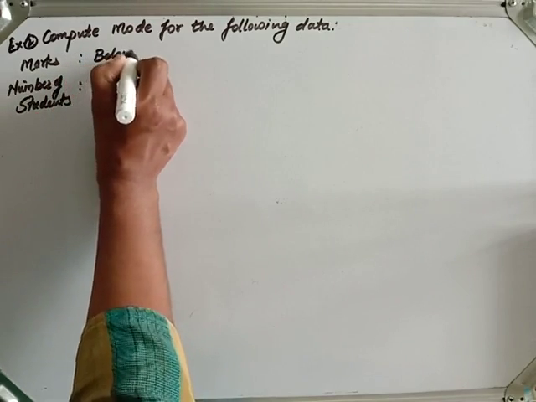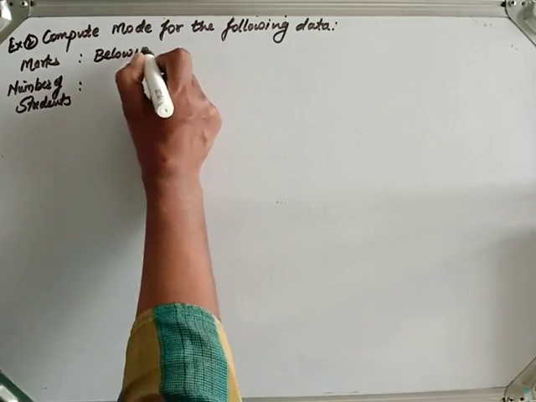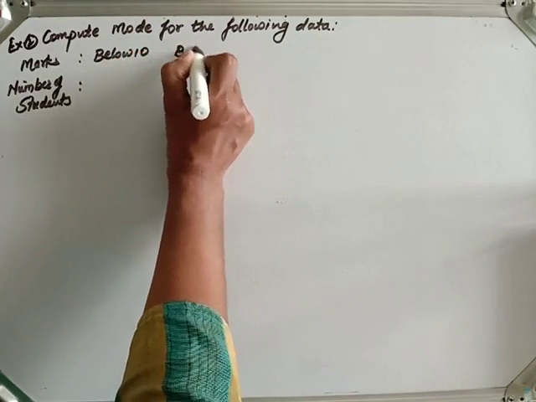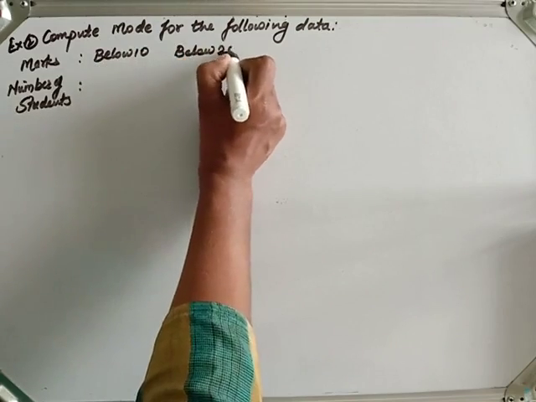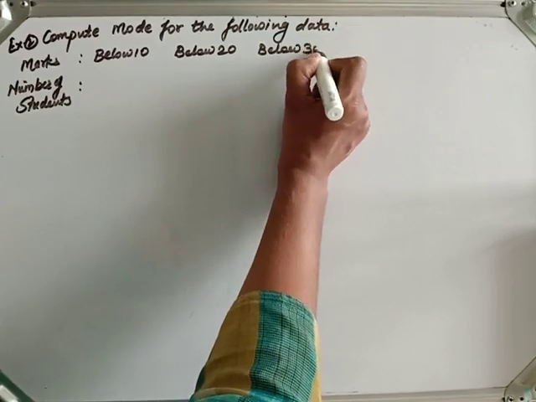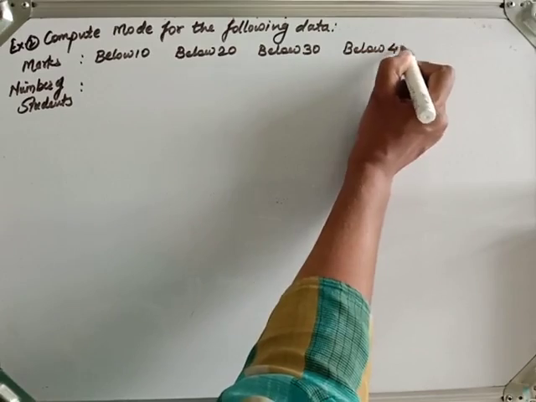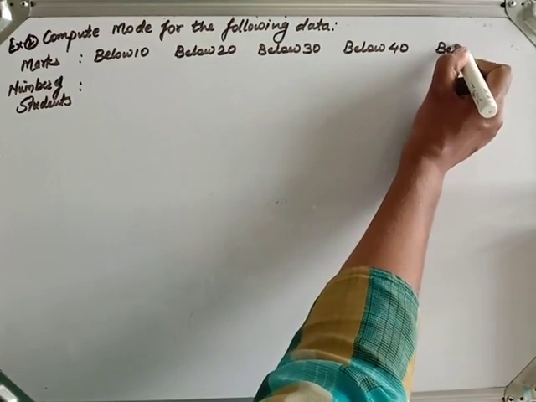Marks are below 10, below 20, below 30, below 40 and below 50.